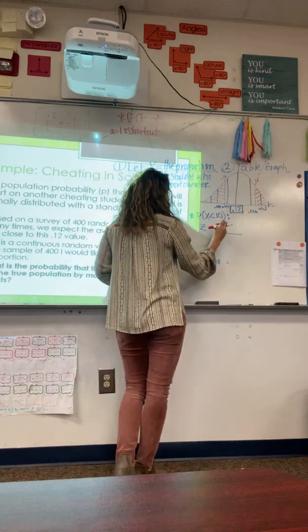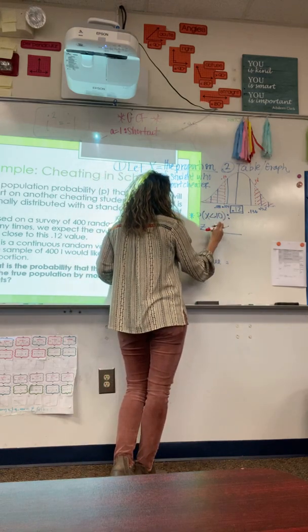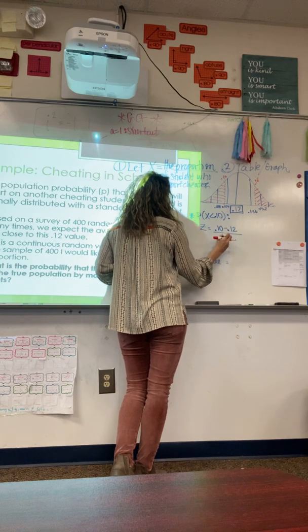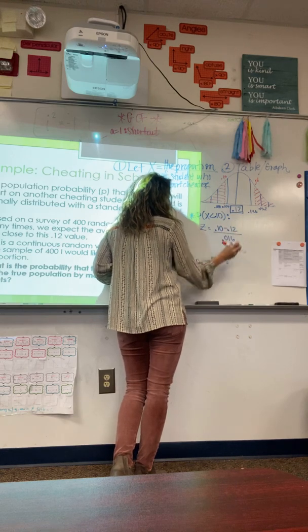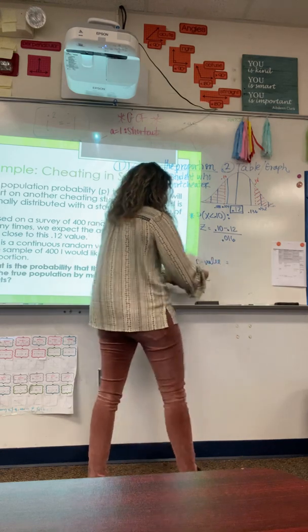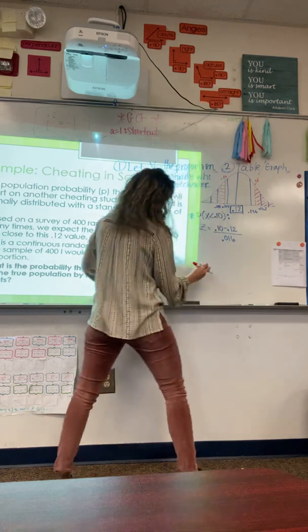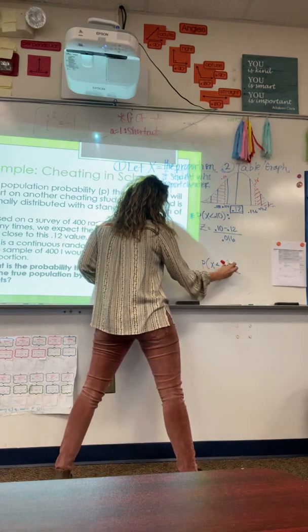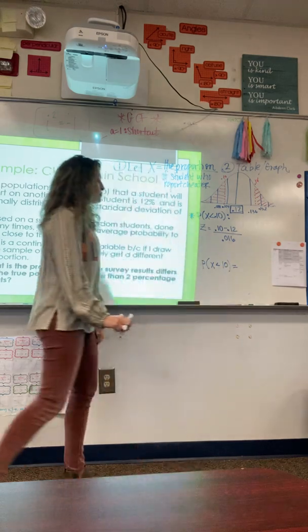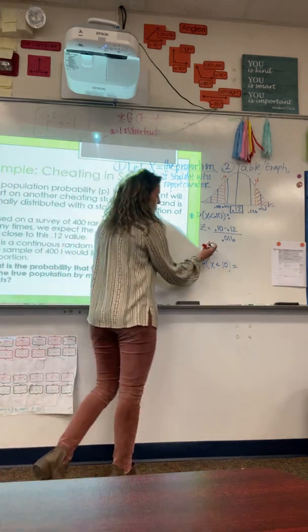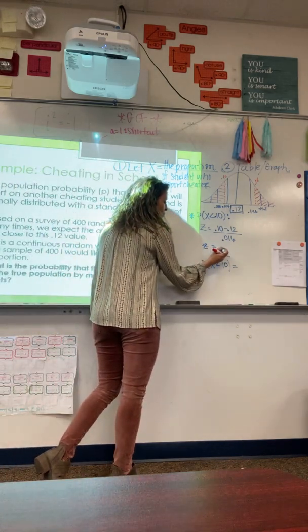All right, so here we go. We're going to do 0.10 minus 0.12, all divided by what? 0.016. All right, so find that probability. All right, what's your z-score?